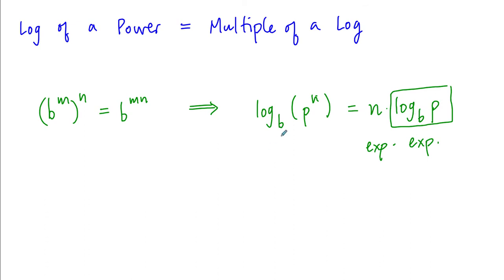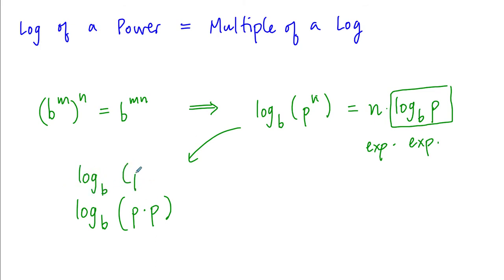Now, just to see this in another way, if we took a look at log base b of p times p, we know that that's the same as saying log base b of p squared. But then we can use the sum of two logarithms. So the log of a product is equal to the sum of two logarithms, and we could write this as log base b of p plus log base b of p.